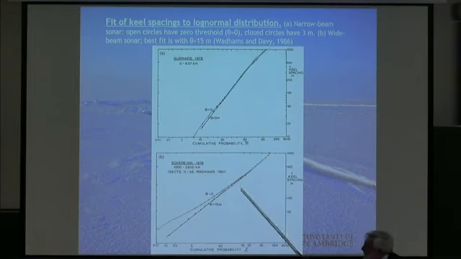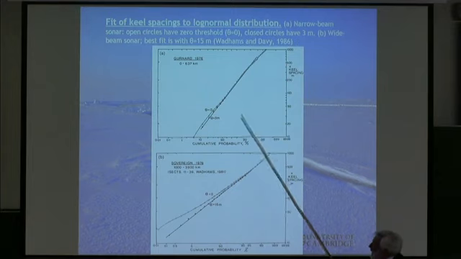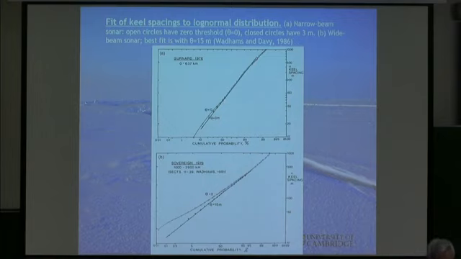So this is using a wider beam sonar, and this is using a 15-meter third parameter which accounts for beam width. You get an absolutely brilliant fit to a log normal, and here using just a very small third parameter because it's a narrow beam, again you get a brilliant fit. So here again we have a problem.